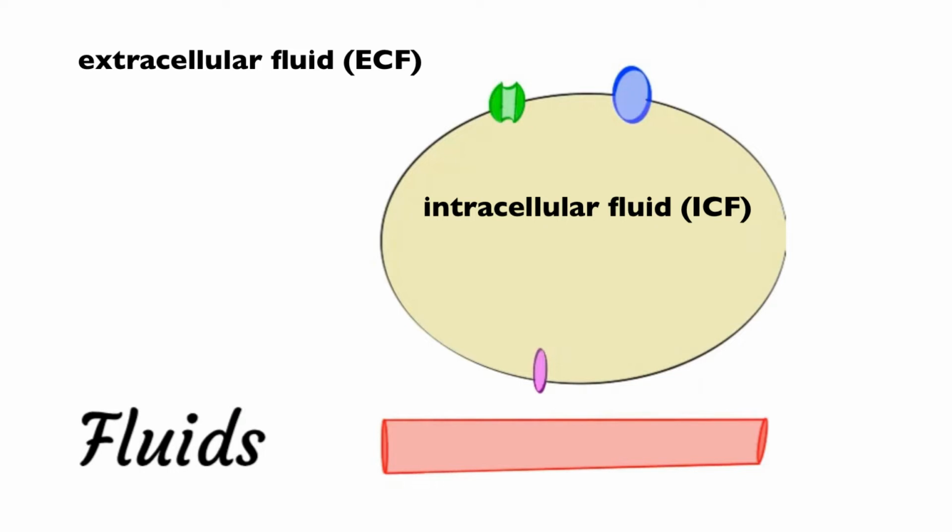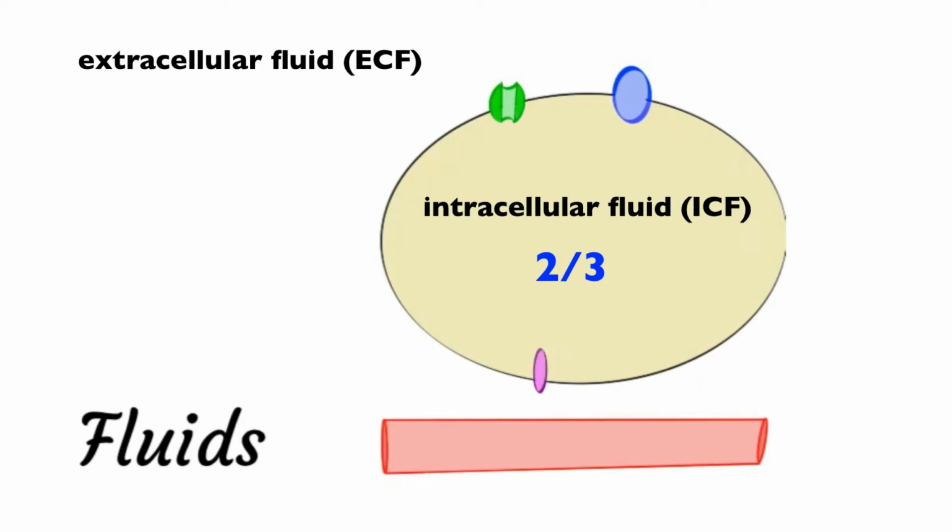The intracellular fluid of all the 75 trillion cells of our body makes up 2/3 of the fluid volume within our body. That is to say, the great majority of fluid in our body is confined within cells, within the plasma membrane, occupying the cytoplasm. Now, to be clear, I talked about cytosol. Cytosol and intracellular fluid are synonymous. They are the same thing.